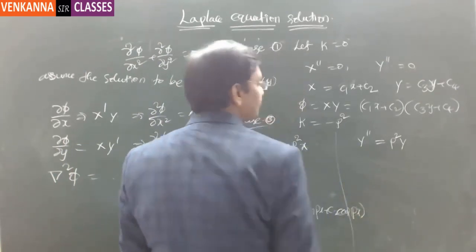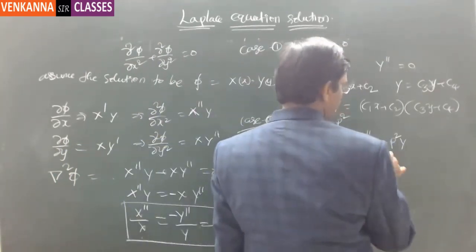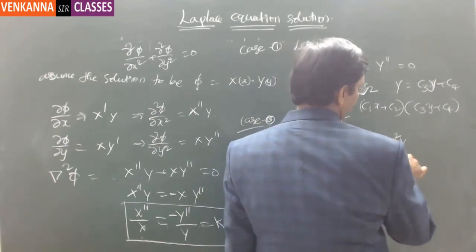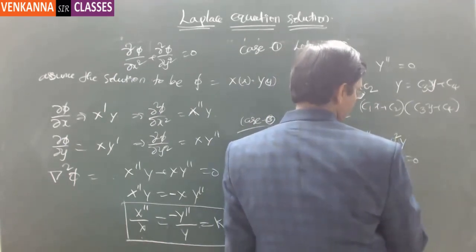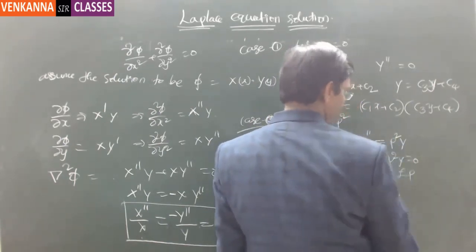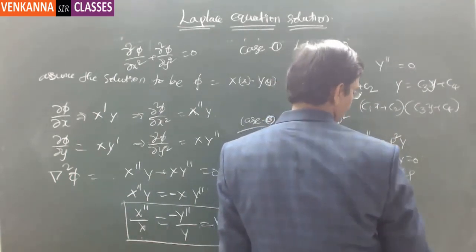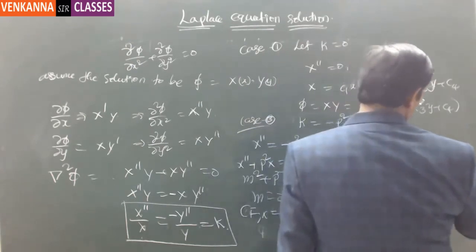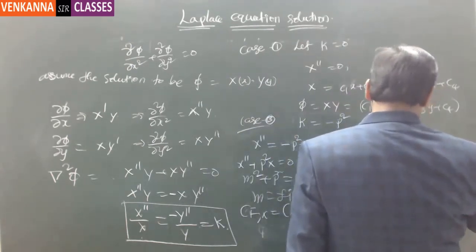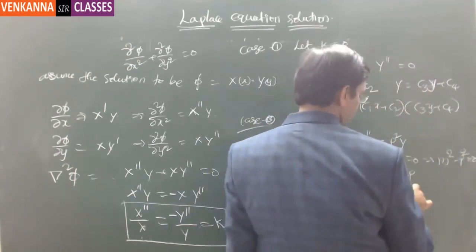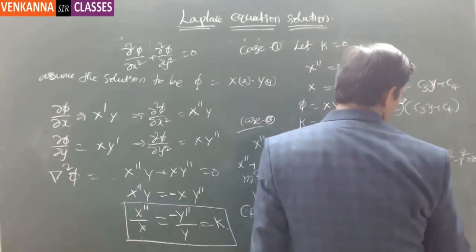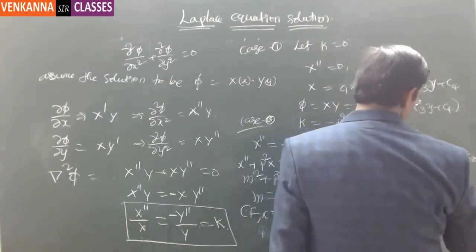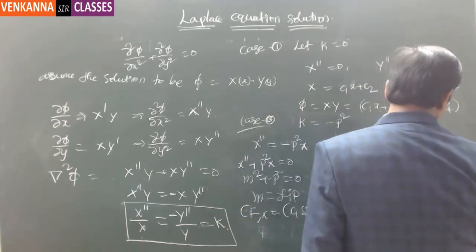This is the complementary function, and here y double dash minus p square y equal to 0, and m is equal to plus or minus p, since m square minus p square equal to 0. The complementary function y is going to be c3 e power py plus c4 e power minus py.